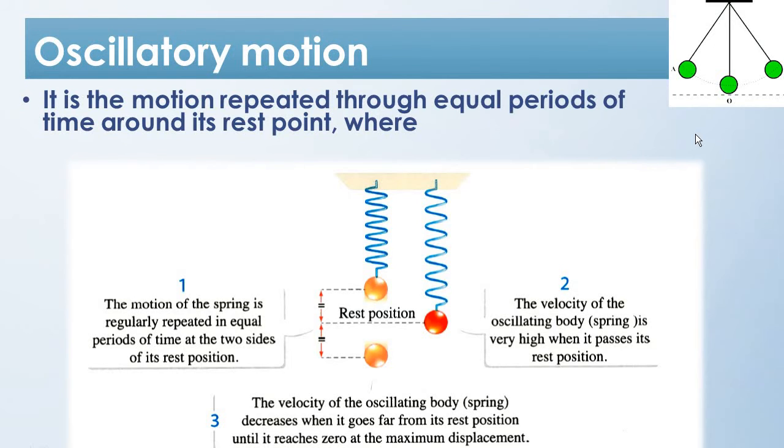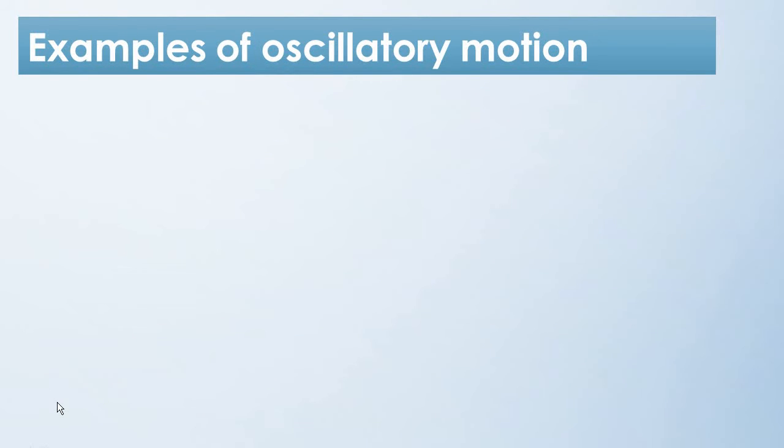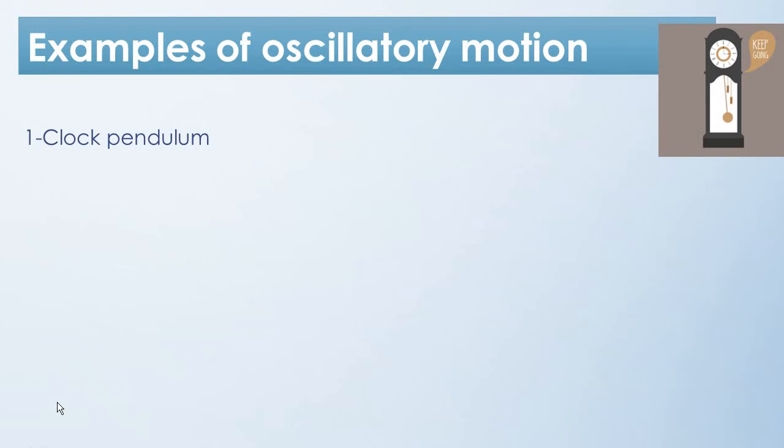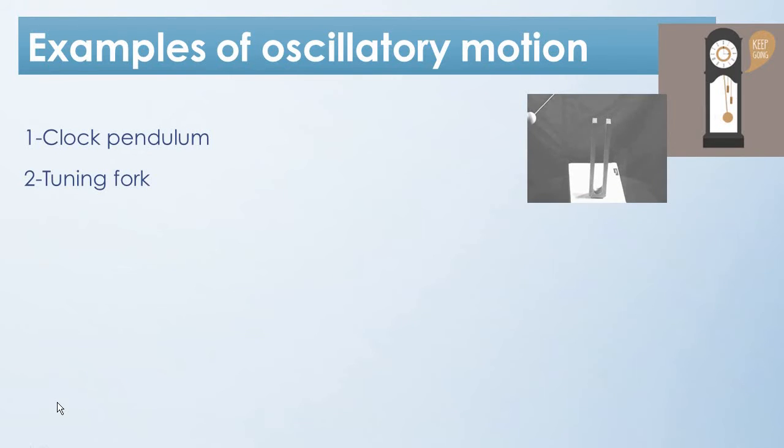Also like a stretched string, who makes piano or guitar and so on. So we have a lot of examples of oscillatory motion, like a pendulum, like a tuning fork. This is the tuning fork. Look here, this fork makes vibration around the rest point.